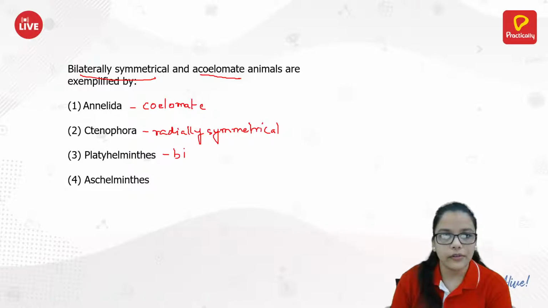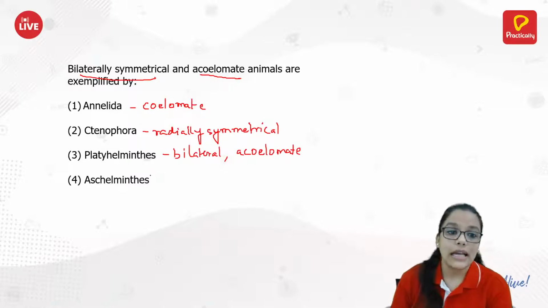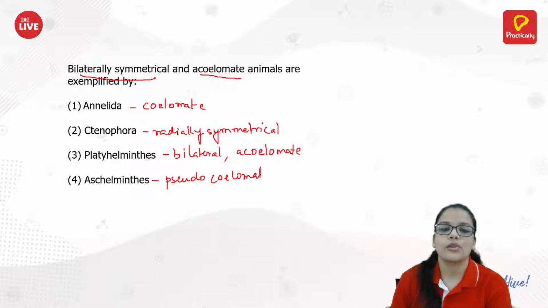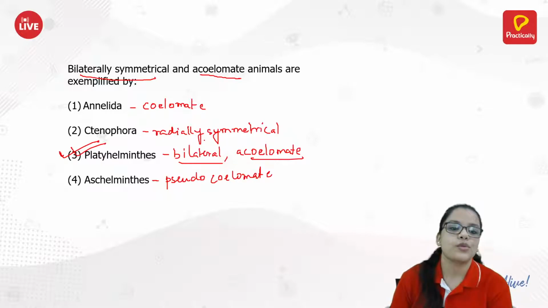Platyhelminthes is bilateral and acoelomate. Aschelminthes is pseudocoelomate. So the answer is Platyhelminthes, because it is both bilateral and acoelomate. So the answer is 3.